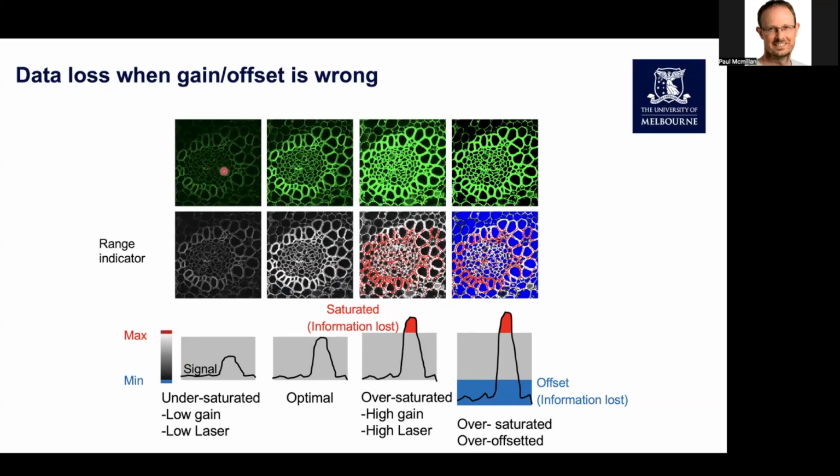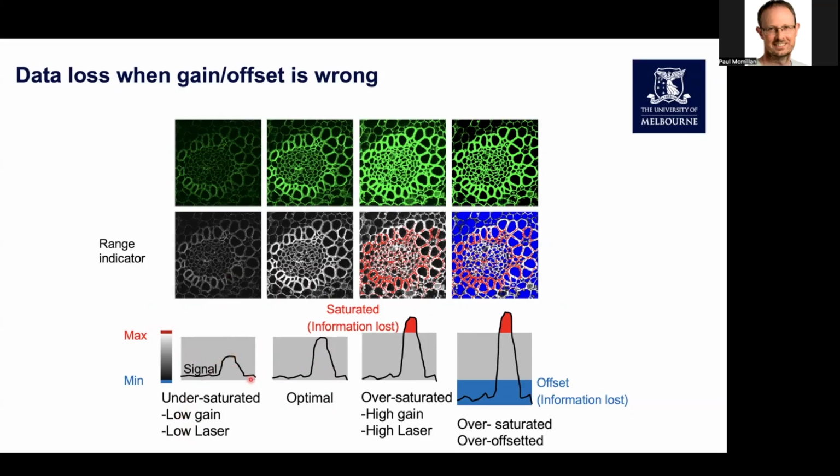So in our first image here, we've used probably about 50% of the dynamic range of that detector. So that's probably okay, but we can probably get away with more, right? You want to use as much of the dynamic range as you can. So this is probably fairly optimal. Here, maybe our laser was too low or our gain settings were too low.